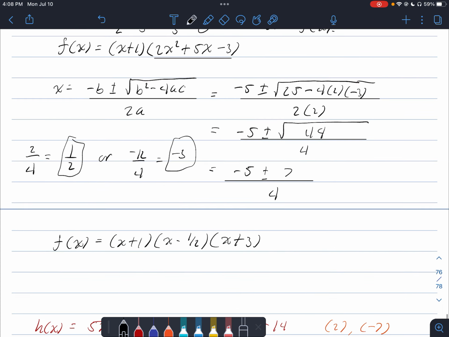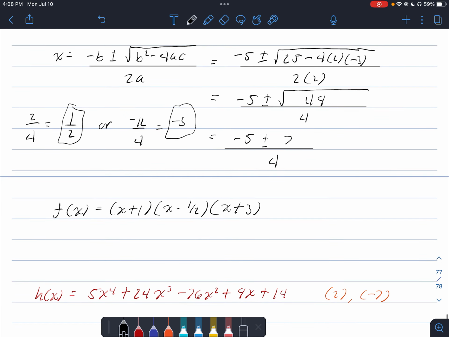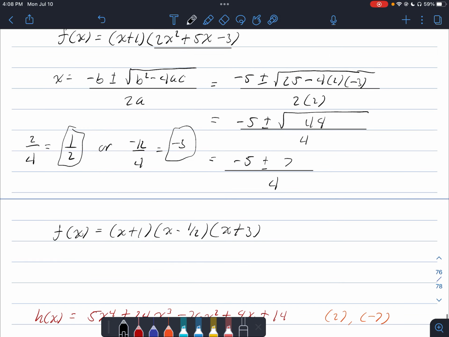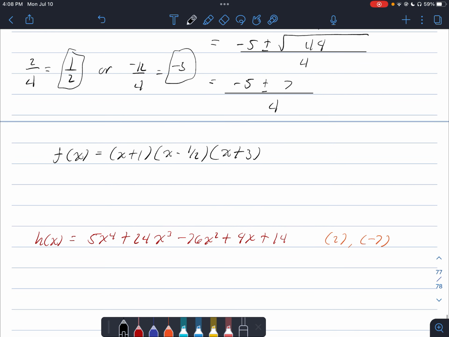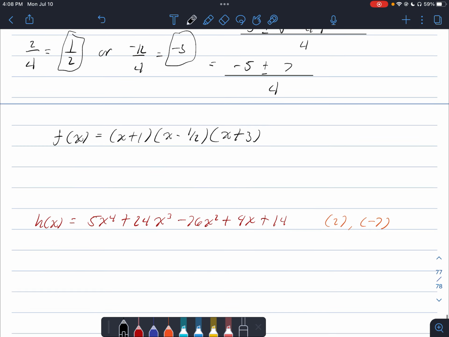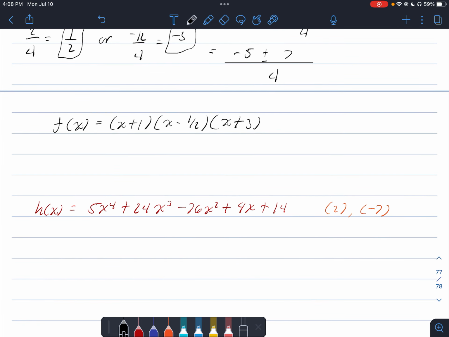Okay, and if you want to double check this and FOIL this out entirely, just to confirm that this is in fact a 0, that is fine. All right, so there we go. These are our zeros here, and we have fully factored this polynomial.